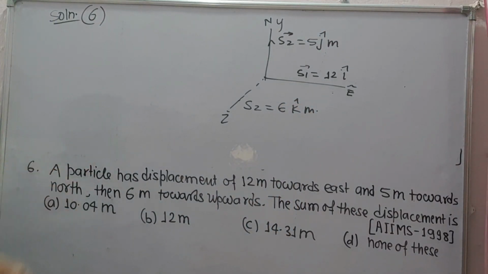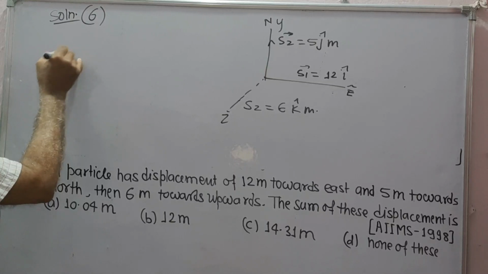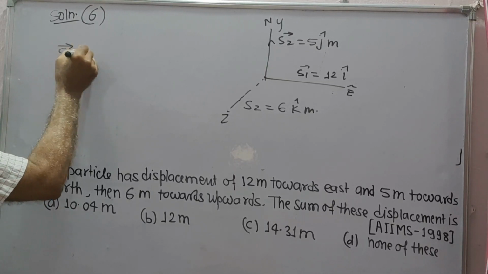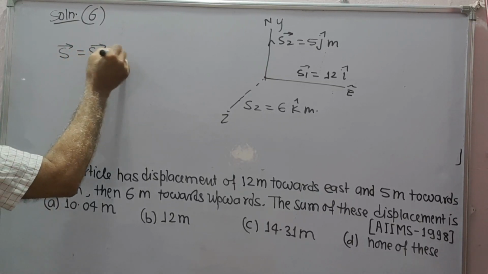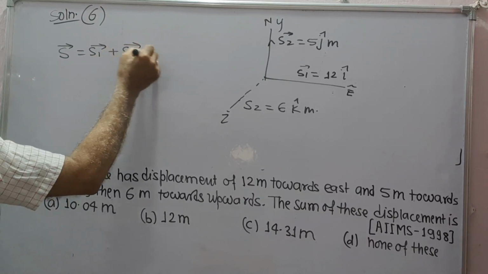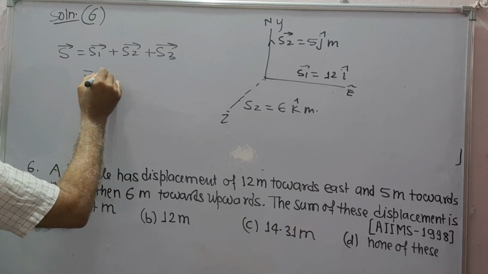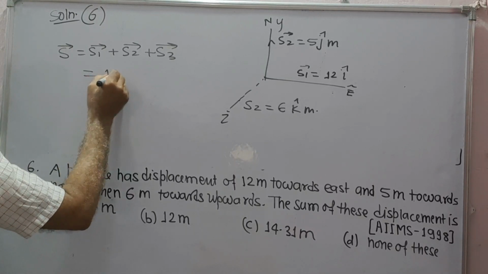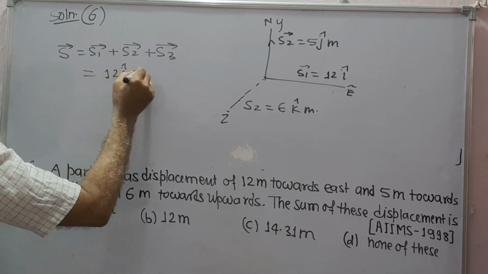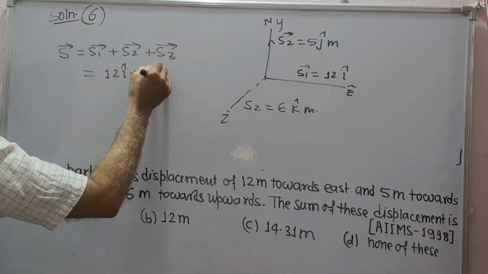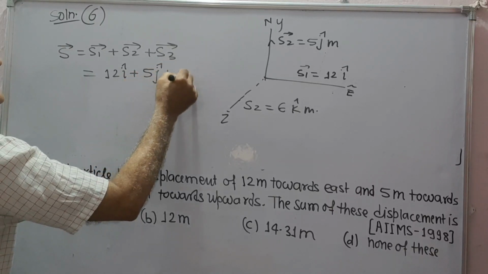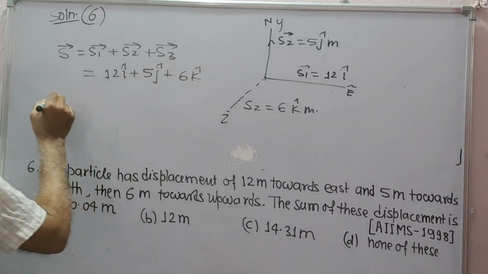The sum of these displacements will be, so S will be equal to S1 vector plus S2 vector plus S3 vector, that is 12i plus 5j plus 6k unit vector.